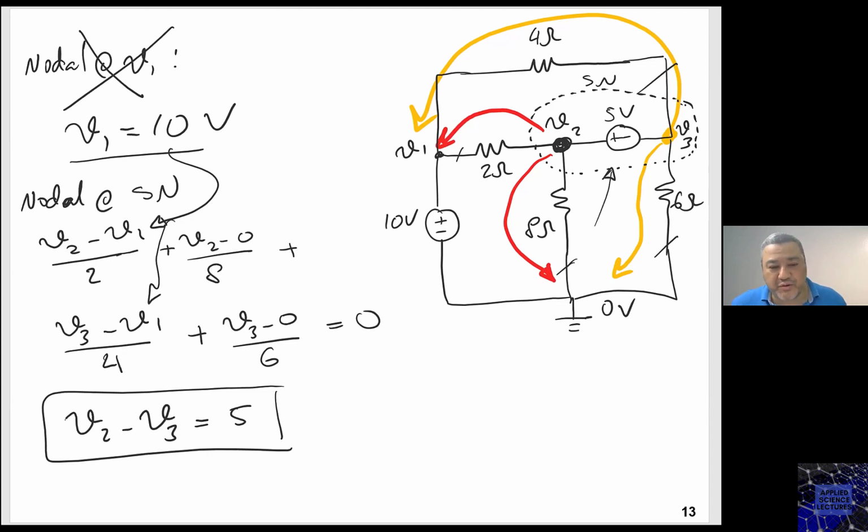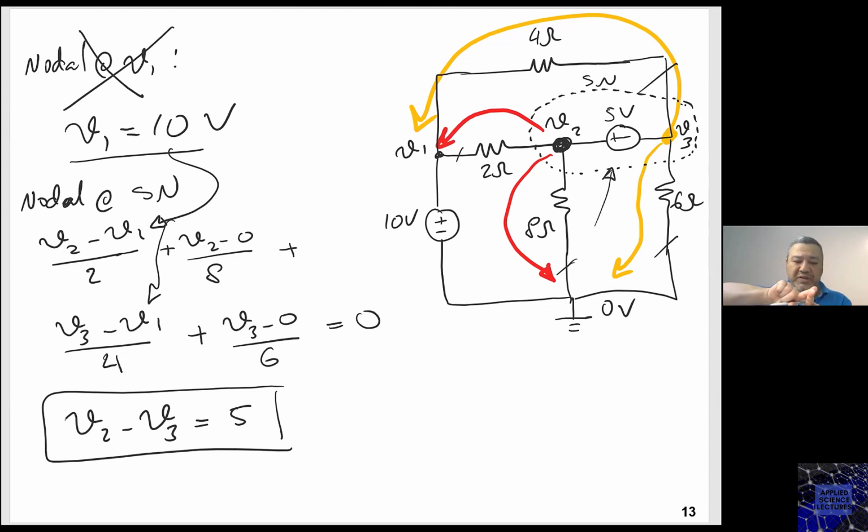Don't let it scare you. No need. Supernode is very simple. Supernode, it is the 2 variables that are connected with a voltage source in between. When you write the supernode nodal equation, it's no different than the one that you have seen earlier, except that you jump.